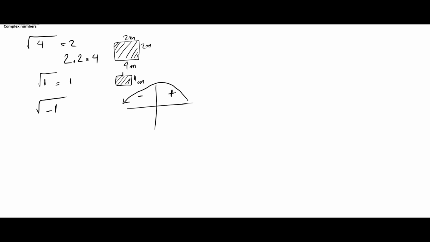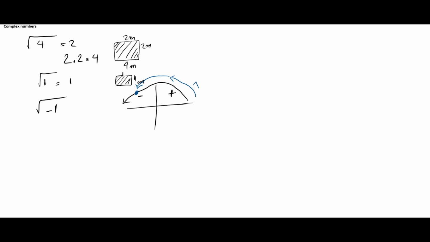So the problem might be solved by imagining I come from here to here in one move, and in a second move coming from here to here, I land exactly where I want, but I do not have a name for it. So it is going to the negative direction, but it is not negative, and two of them would give me a minus 1.